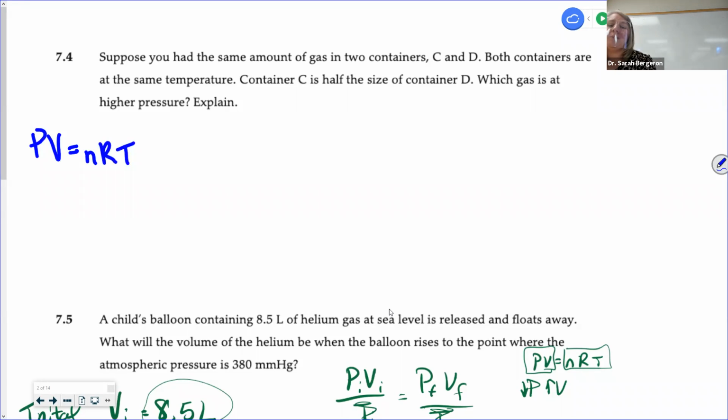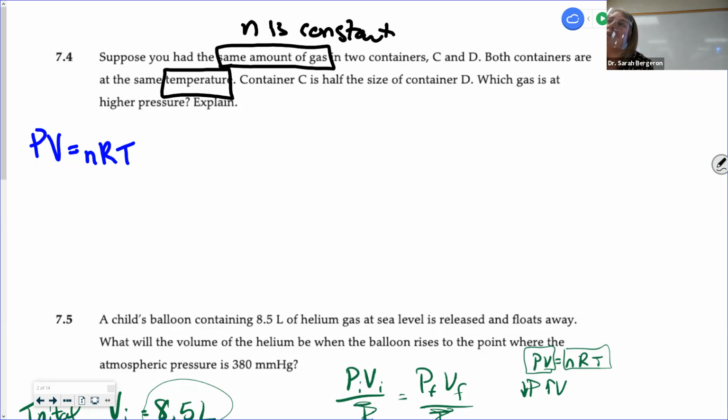Okay, this is telling me, suppose you had the same amount of gas in two containers. If it's the same amount of gas, what's constant? Moles. So N is constant. Both containers are at the same temperature. What else is constant? Temperature and N is constant.